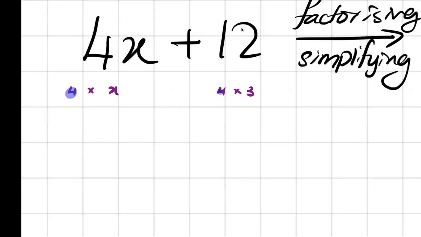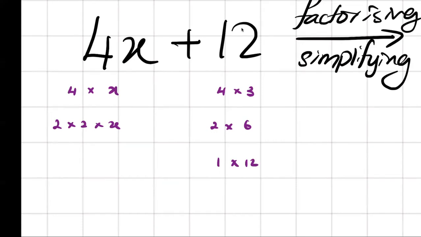Okay, I can actually change it to let you have a look. Besides 4 times x, I also can say that it can be 2 times 2 times x. We can also argue that this one can be 2 times 6 or 1 times 12, which is also true. But which is the highest common factor?